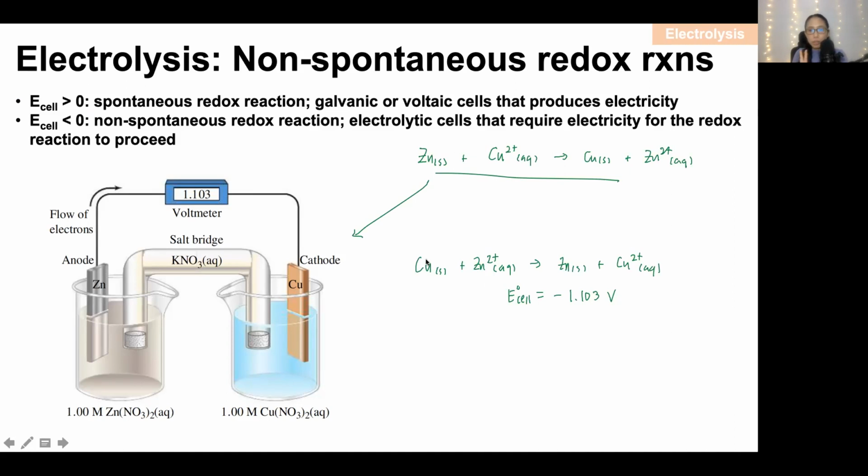So this is non-spontaneous, which means solid copper cannot displace zinc ions. But if you want to recover the zinc ions as solid zinc, then you can set up this cell, connect it to a battery, and allow electrolysis to take place. So what you are doing is that you are electrolyzing zinc because it's the one that turns into solid.